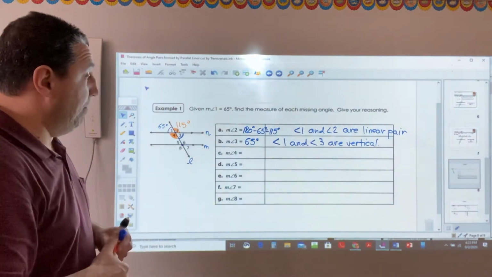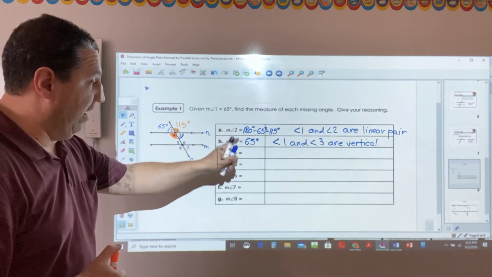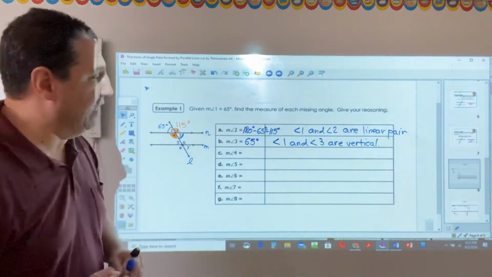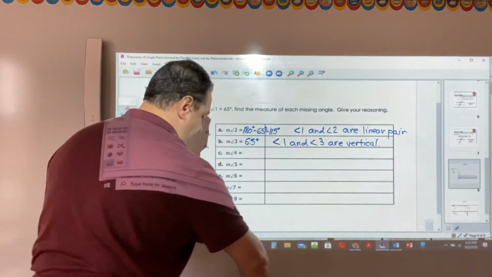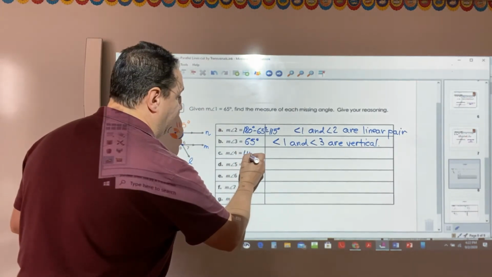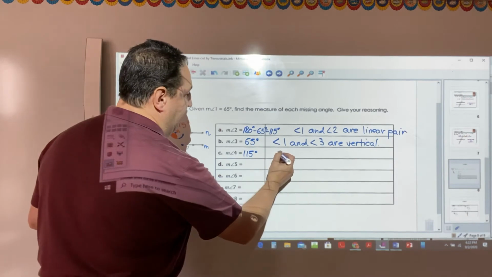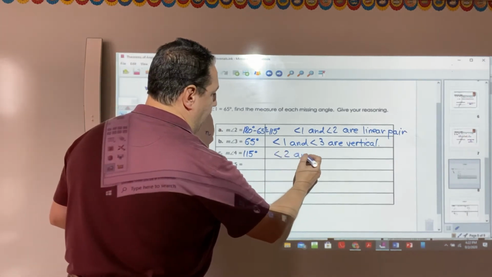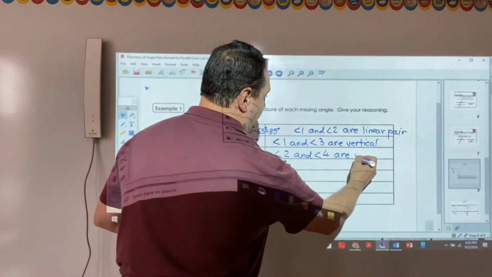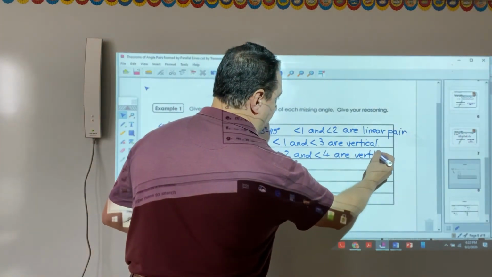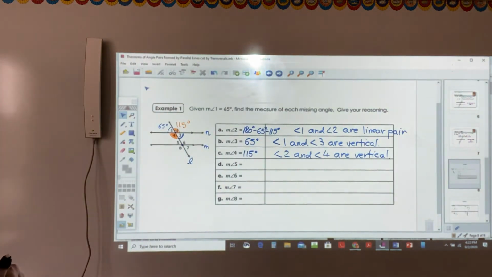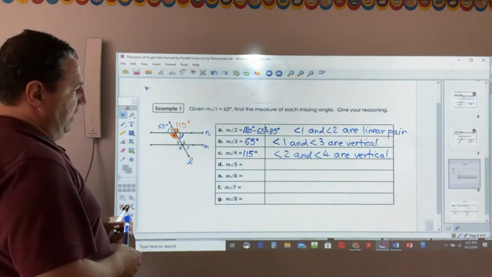So angles 2 and 4 are vertical. They are congruent. So the measure of angle 4 would be 115. Why? Because angles 2 and 4 are vertical. Good.